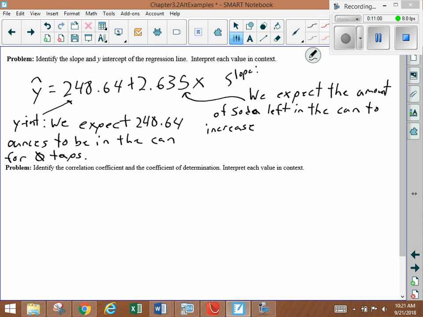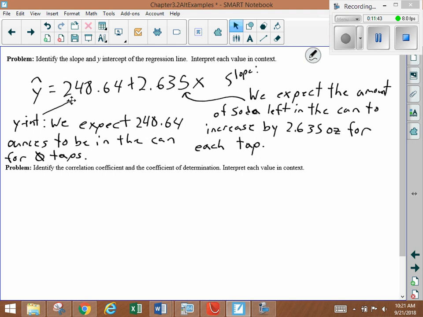If you have a positive slope, it's absolutely going to increase, right? To increase by 2.635 ounces for each tap. I think tap just works, right? Every time you add a tap, that's what's going to happen. So there we go, in context.